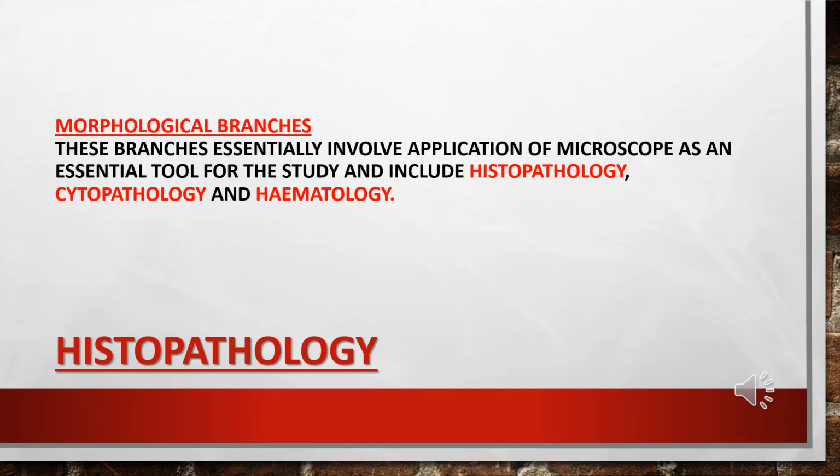Anatomical pathology includes the following subdivisions, like surgical pathology, which deals with the study of the tissue removed from the living body by biopsy or surgical resection. The other is experimental pathology. This is defined as production of disease in the experimental animal and study of morphological changes in organs after sacrificing the animal.